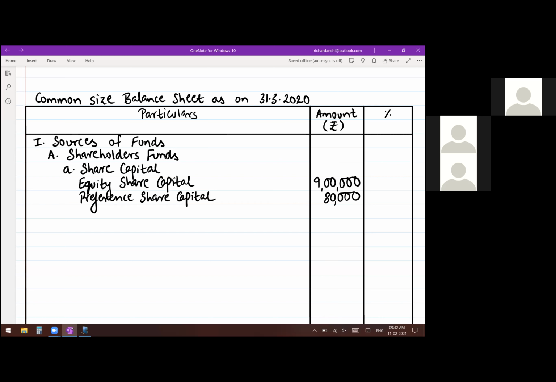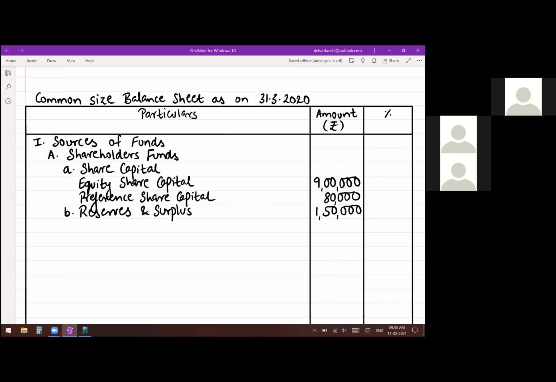Okay. Then you have reserves and surplus. So call that B, reserves and surplus. Reserves and surplus 1,50,000. That's it. Shareholders funds over.